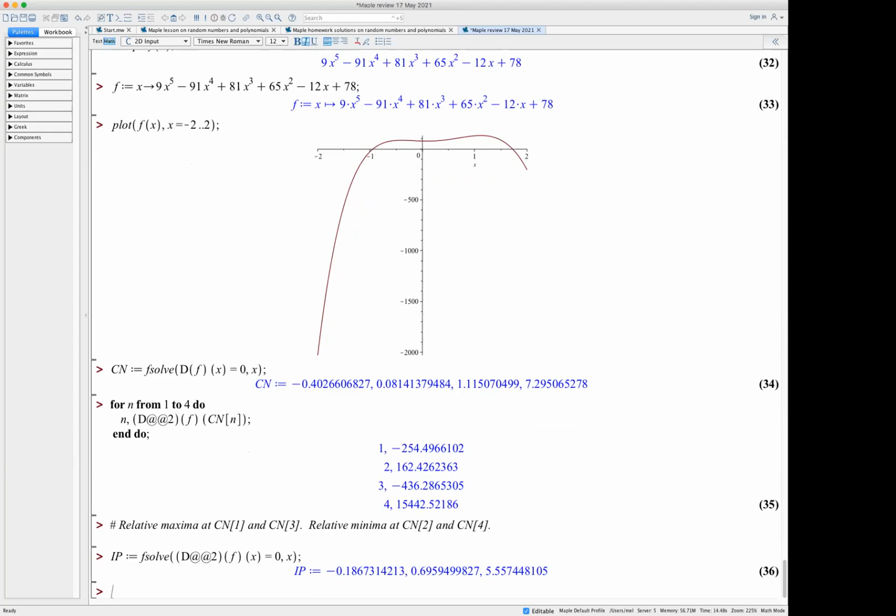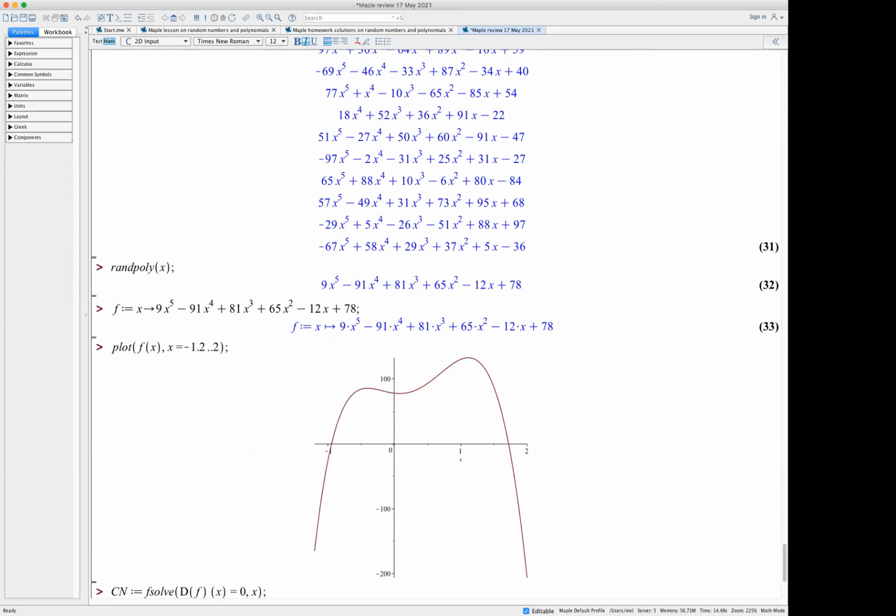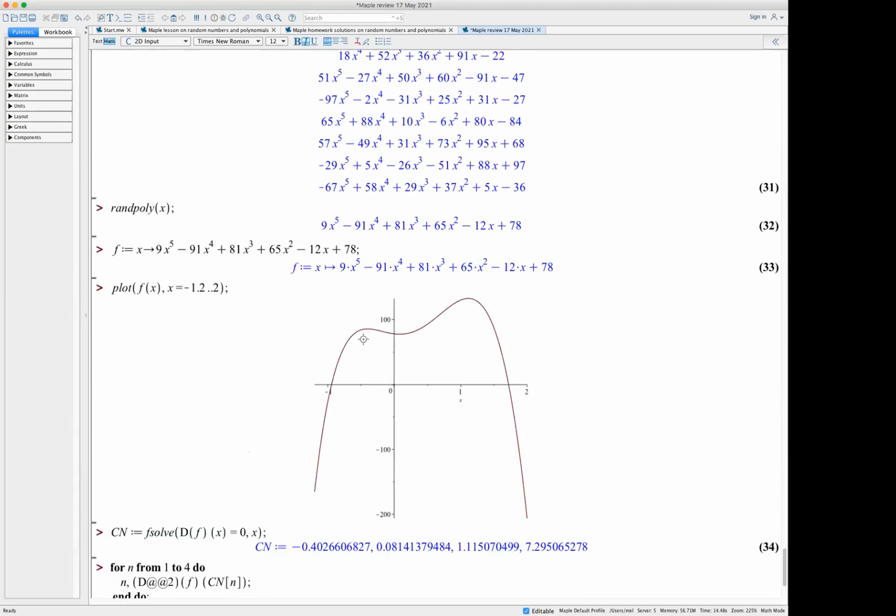Let me actually blow it up a little bit more, so maybe from minus 1.2 to 2. So yeah, when you blow it up like that, you can see here the curve is concave down. Here at minus 0.4, there's an inflection point. It becomes concave up.